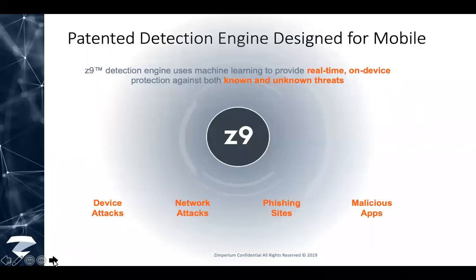Now, we have one engine. It's called Z9. It detects these 4 attacks with machine learning on device. And as I mentioned earlier, we train, as the white paper talks about, so you can learn more details when it comes out. We train up in the lab, in the cloud, against billions of data points from tens of millions of endpoints.